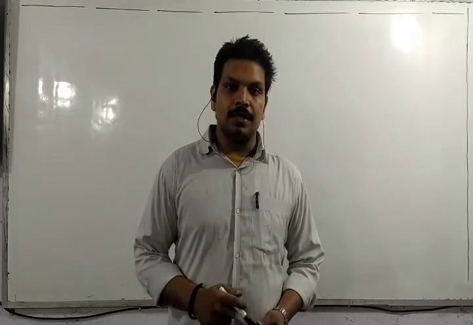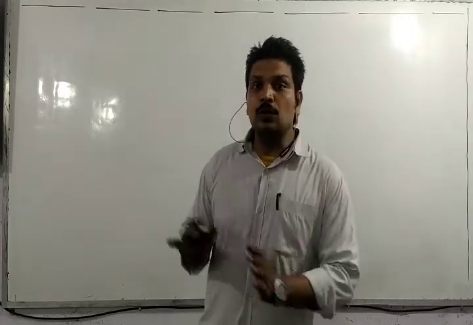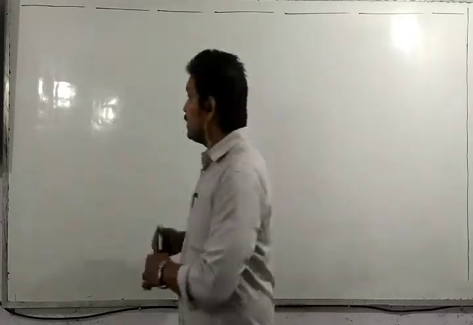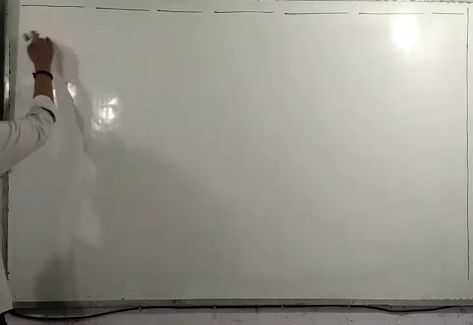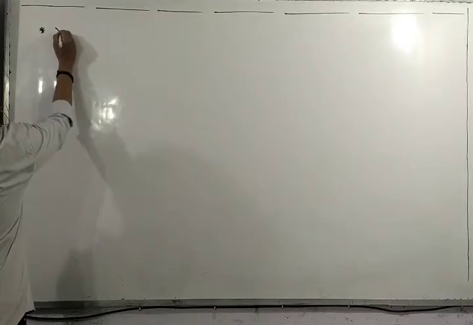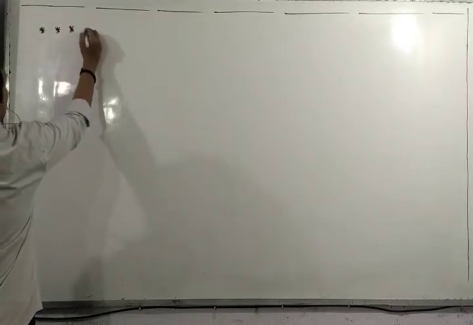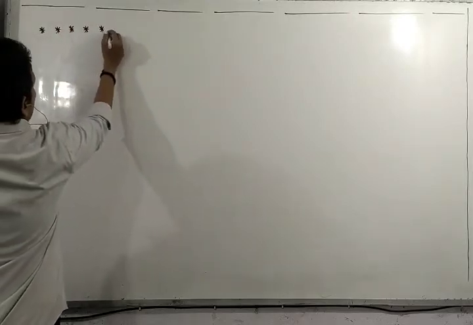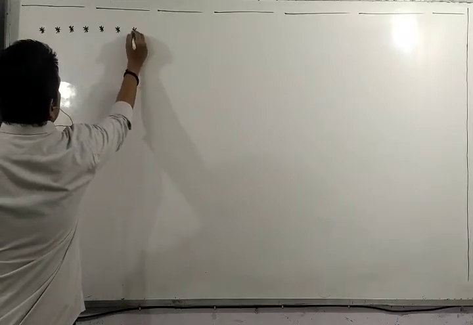In today's video class, I will tell you how to print the pattern which is as follows. See, in the first line, we have 7 stars: 1, 2, 3, 4, 5, 6, 7.